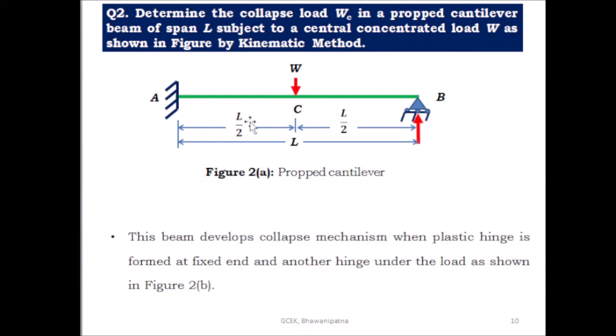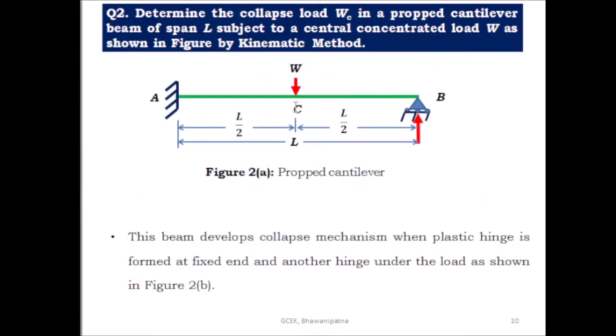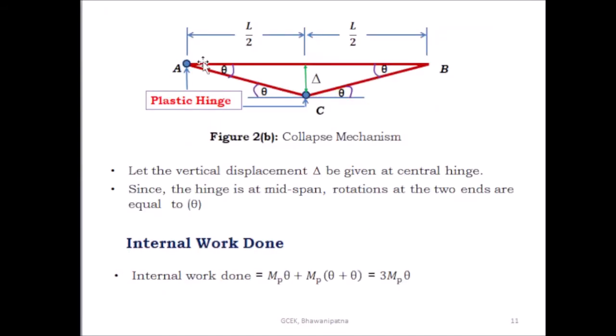Two plastic hinges are found in this case. One negative plastic hinge is found at the fixed end A and one positive plastic hinge is found just below the load point, at the point C.